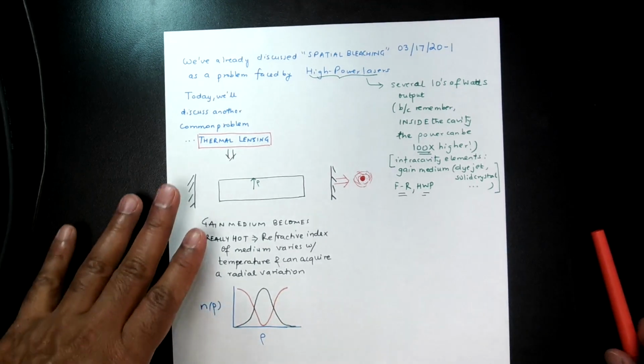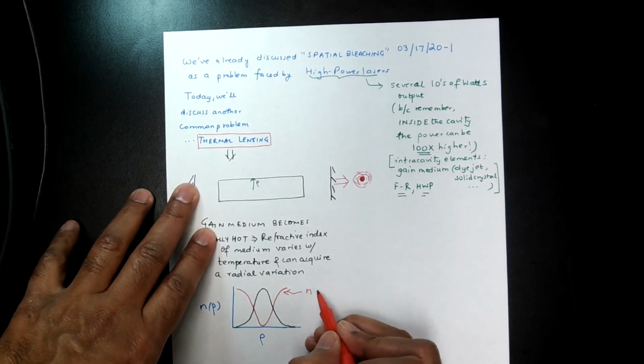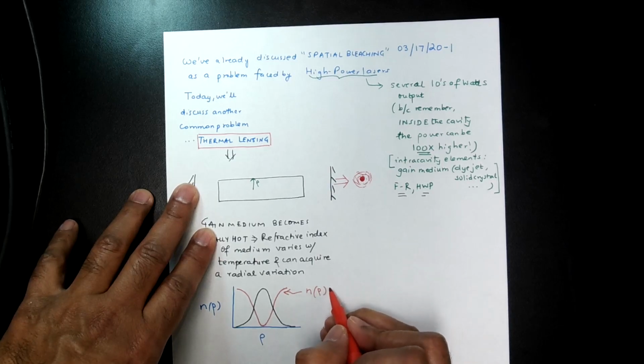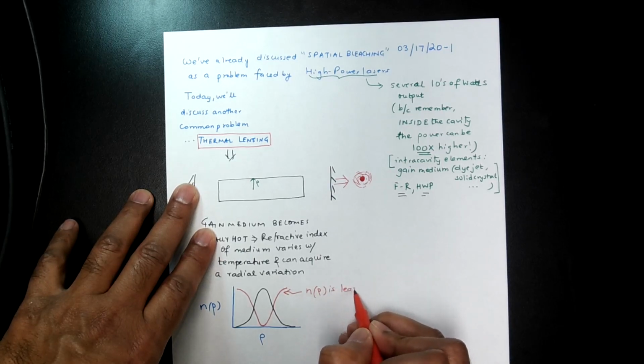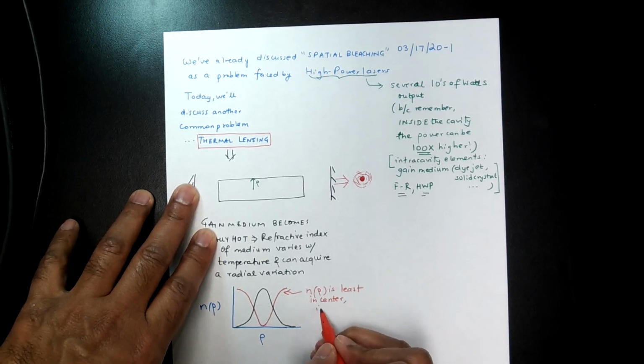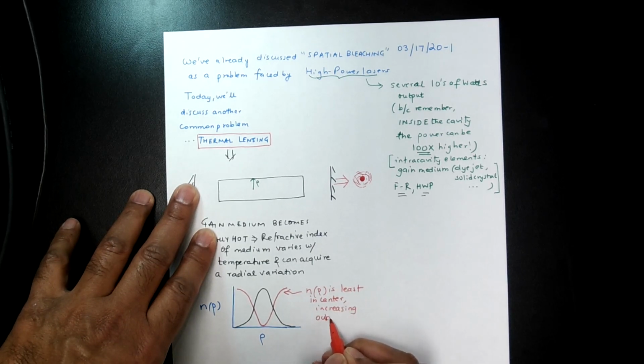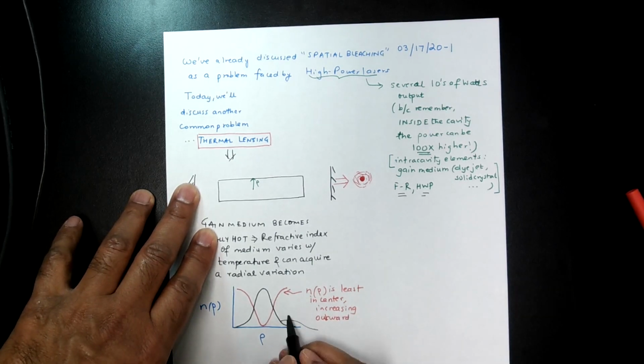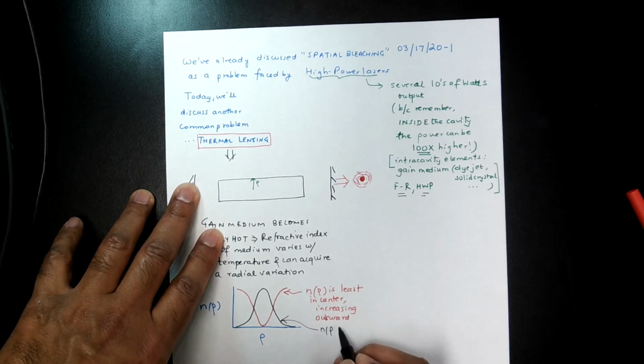So this would be a case where n of rho is least in the center, increasing outward, and this would be a situation where the refractive index is maximum at the center, decreasing outward.